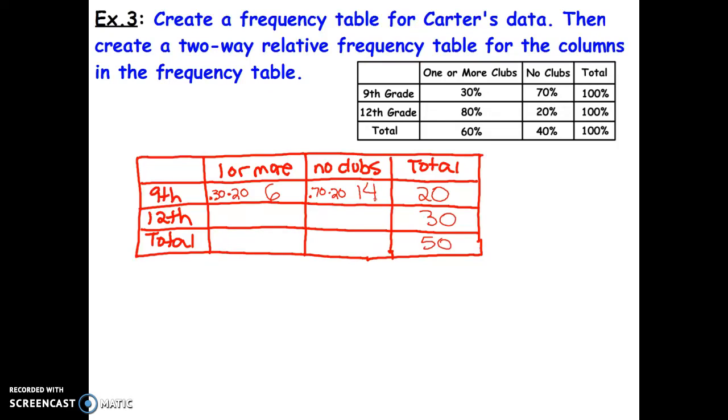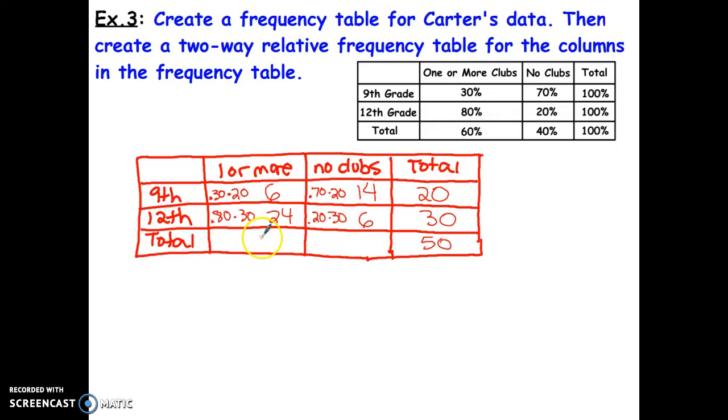All right, let's do the 12th graders. So we got 80% times 30, and then we have 20% times 30. So 80% of 30 is 24, and 20% of 30 is 6.